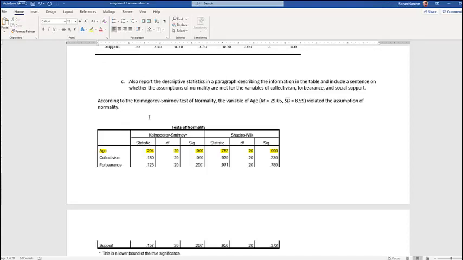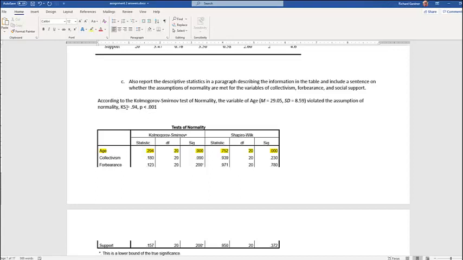Now, a lot of people will write KS, which stands for Kolmogorov-Smirnov. You put the test statistic, it's 0.294, comma, and then the p-value was less than 0.001. You never put p equals 000.